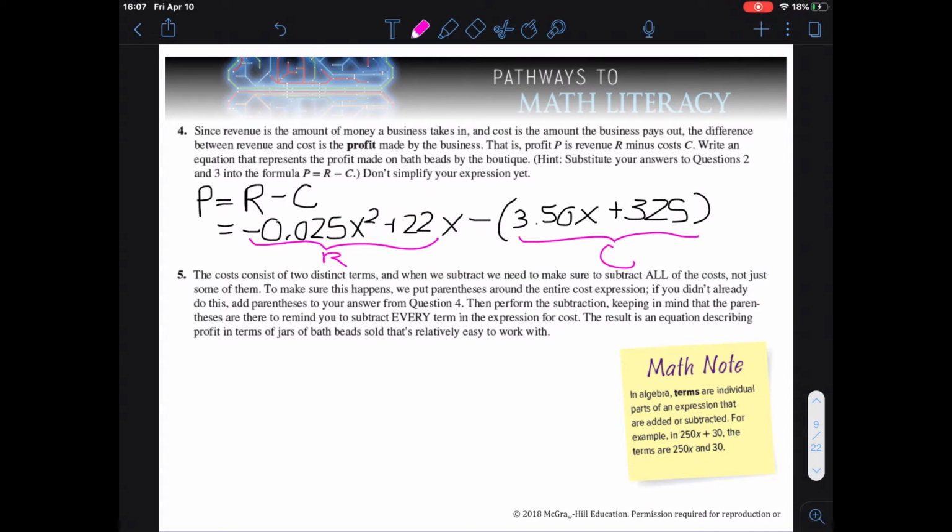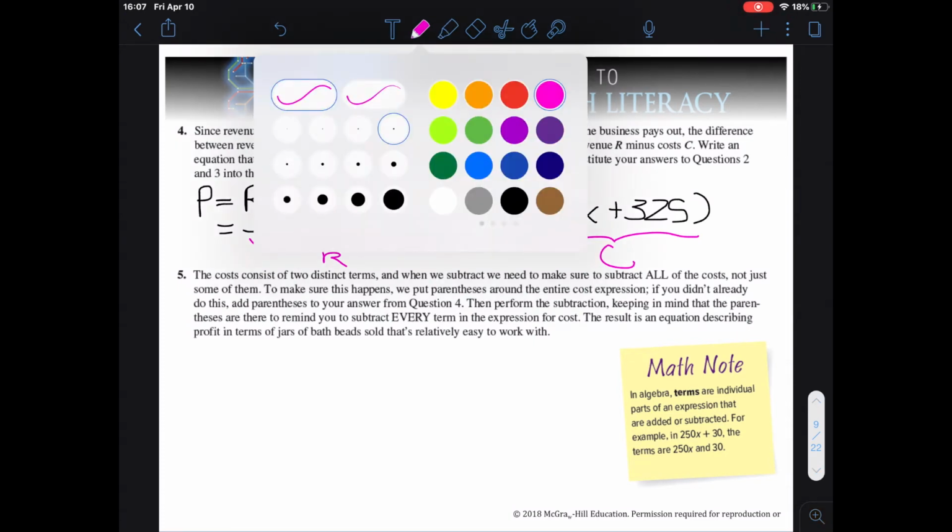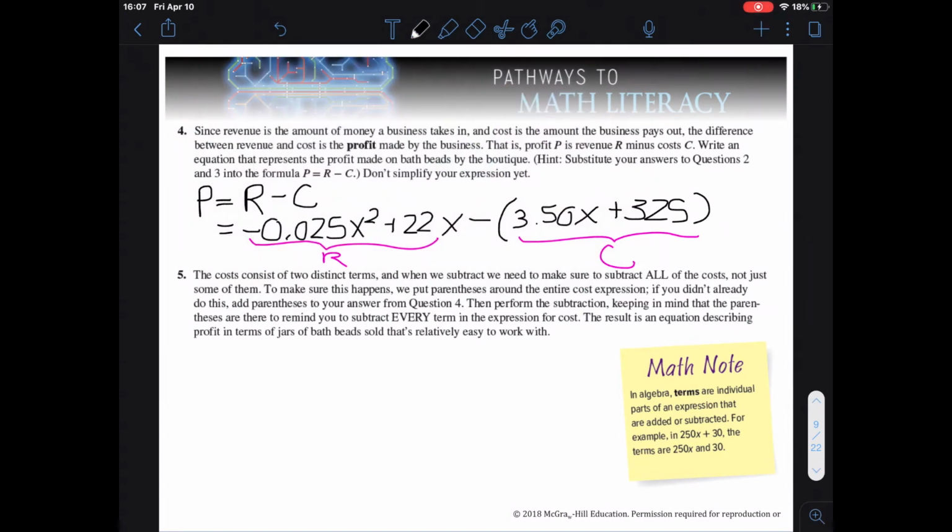So if you notice, we do have some pieces that are similar. I have some x's here, I have some x's here. We can really go ahead and simplify this expression by grouping those like pieces. So if we distribute that minus sign out, you get minus 3.50x minus 325.